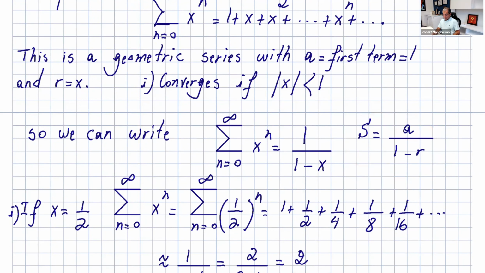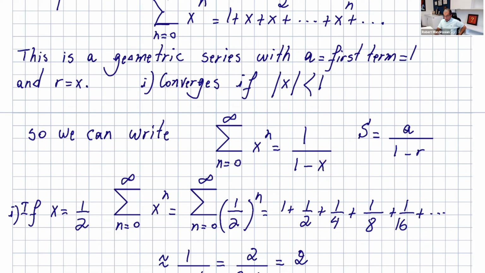So please review the geometric series and the sequences from pre-calculus. So we can write the sum n starting from 0 to infinity of x to the power of n as 1, which is the first term, over 1 minus x.